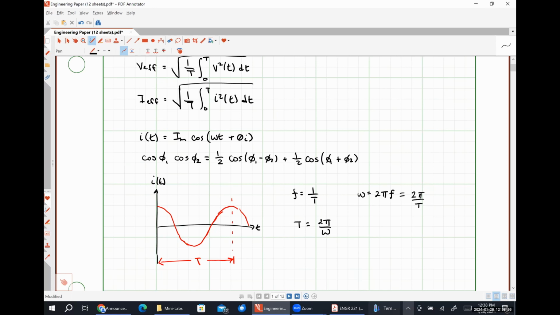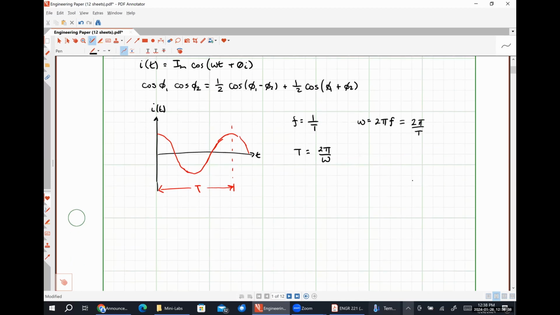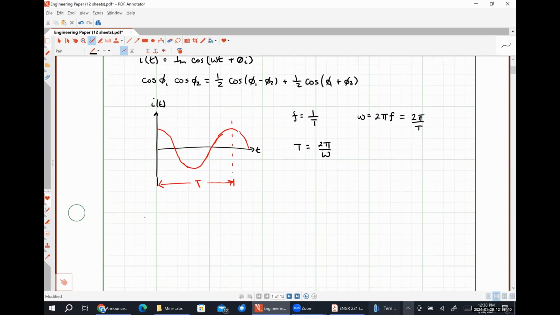Okay. So taking all of that into account, our effective value for our current waveform would be the square root of 1 over 2 pi over omega. So that's going to look like omega over 2 pi times the integral from 0 to 2 pi over omega of our current waveform squared.